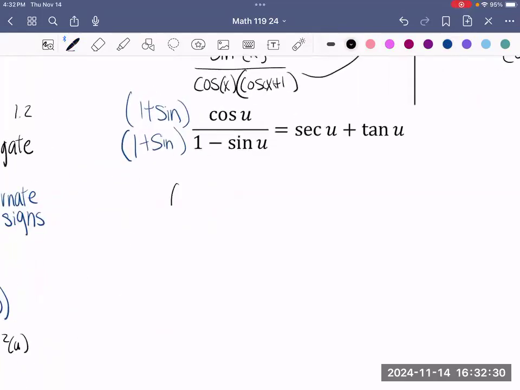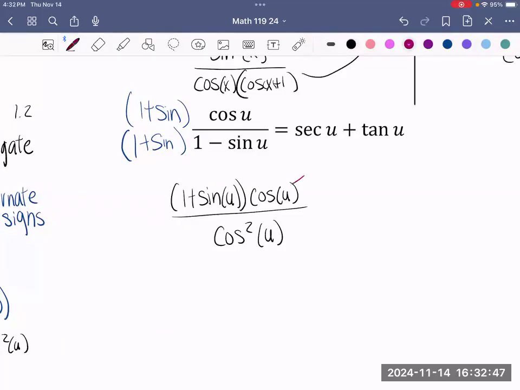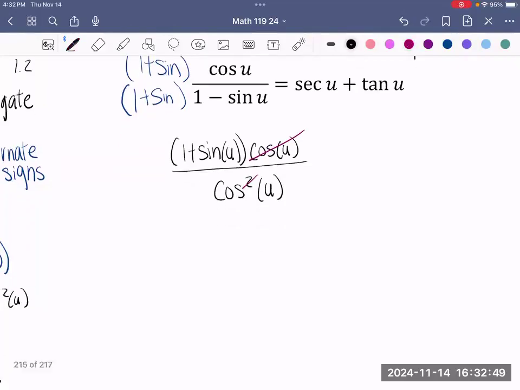So up top, we have 1 plus sine of u times cosine of u, all over cosine squared of u. What's going to happen? Well, this is going to cancel with the squared. So now we have 1 plus sine of u over cosine of u.